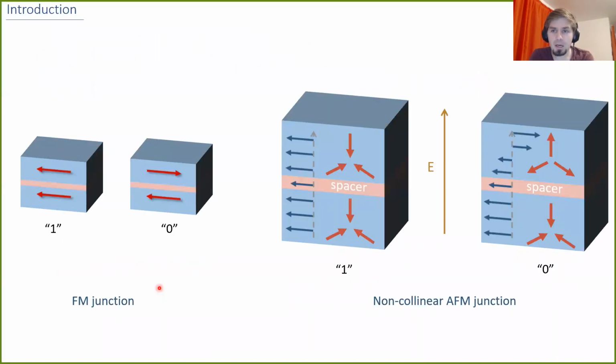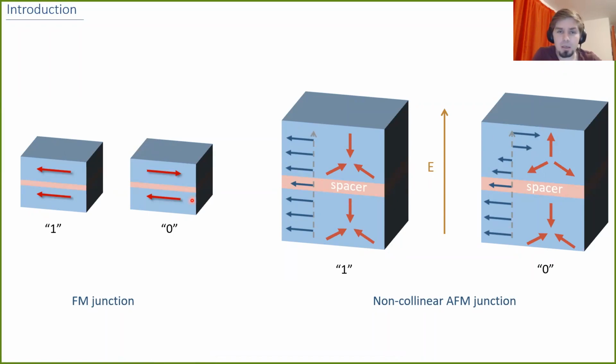So I want to be talking about antiferromagnetic junctions. At the beginning, I want to explain what that is. As you all know, the basic spintronics device, to me at least, is the ferromagnetic tunneling junction or spin valve, which are devices where we have two ferromagnetic layers separated by a narrow spacer.